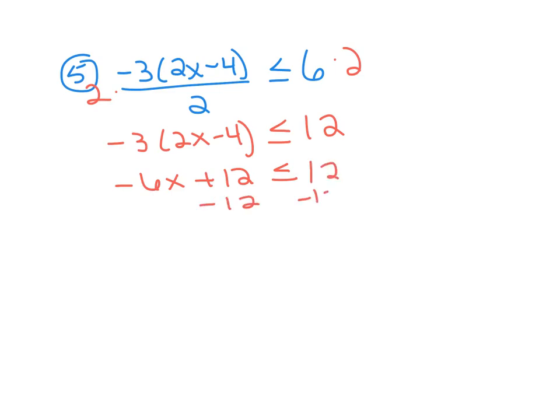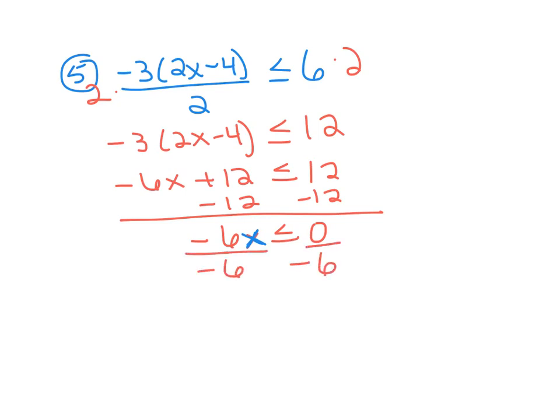Subtract 12. All right, and here's where some of you get mixed up. 12 minus 12 is 0. You still have a variable, so it is not a special situation. It has an answer. You continue because the x is still here, so you've got to keep on going. Divide both sides by a negative.